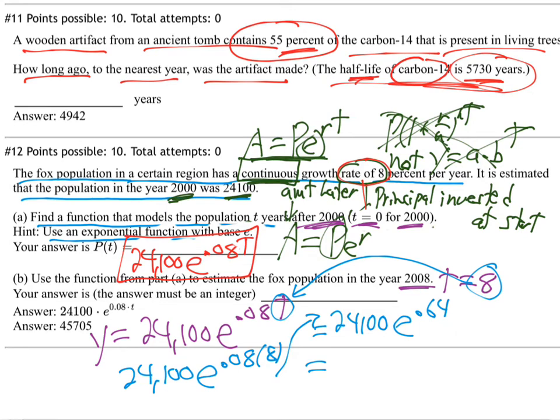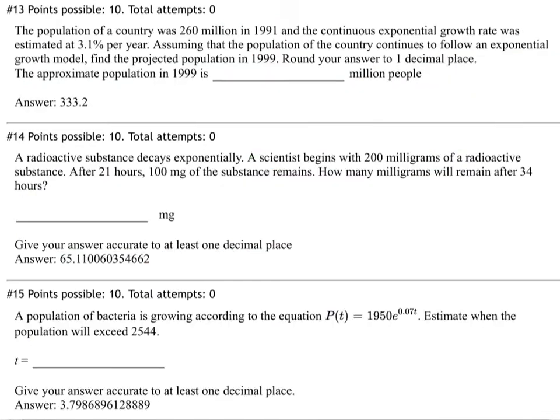And I'm getting 45,705. Yeah, exactly what they got here. They want me to leave it just like that, rounded to the nearest integer, the whole number of foxes. There we go. So the key difference on this question, like the other financial ones: when they say continuous growth, like continuously compounded interest, you've got to use the PERT formula in that situation, not any of the other formulas. Let's try number 13.